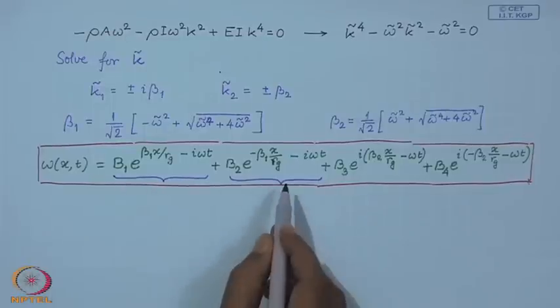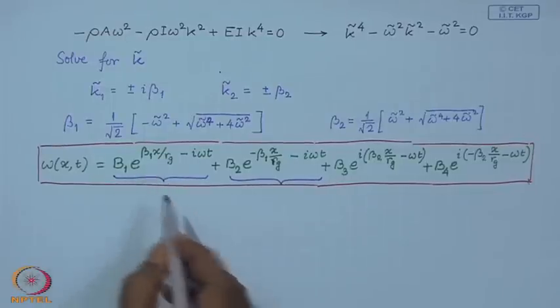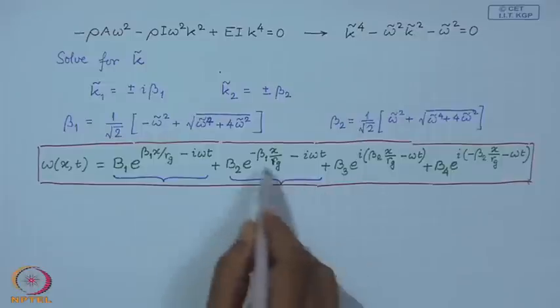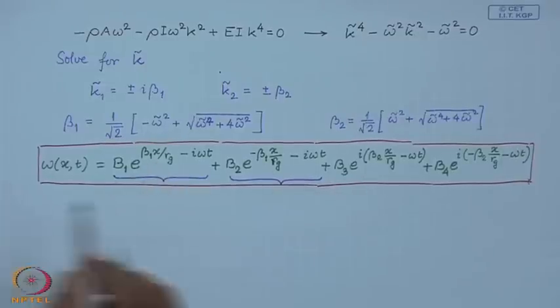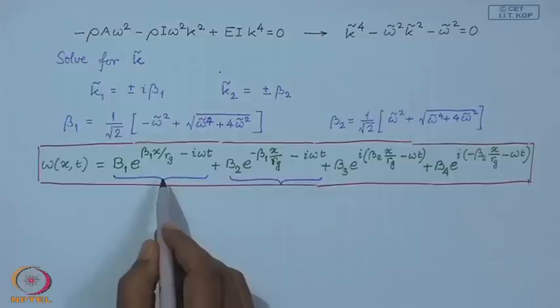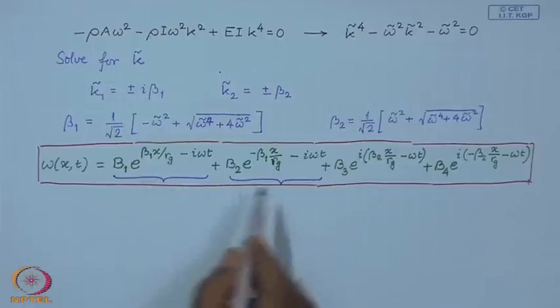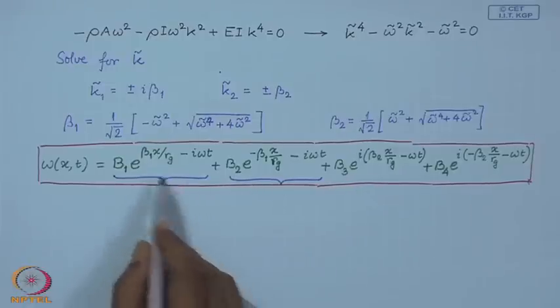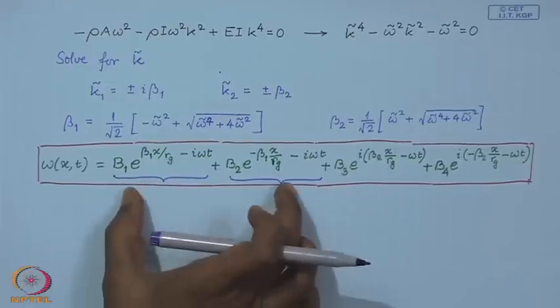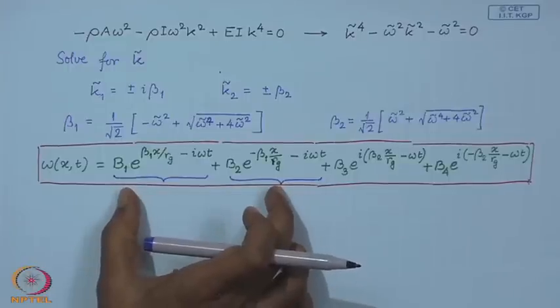They are not actually travelling waves. They are, in fact, this is decaying in the positive x direction and this is decaying in the negative x direction. So, if you actually have an infinite beam, then these 2 terms actually will not exist.